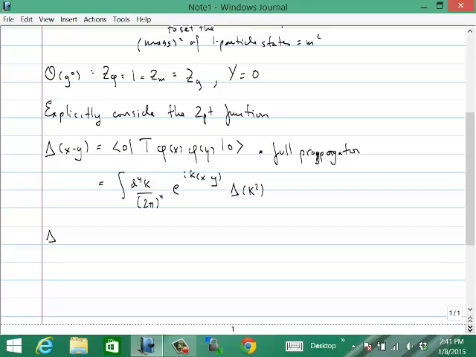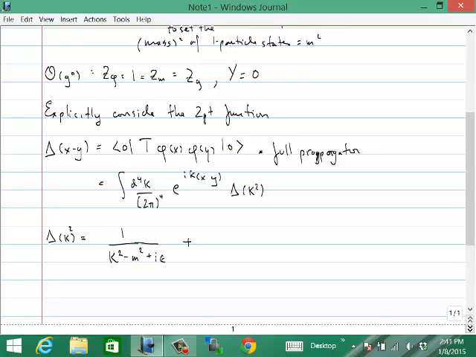And, of course, at leading order in the coupling, this propagator will just be given by its value in free quantum field theory, namely 1 over k squared minus m squared, plus various corrections that are of order the coupling g and higher.